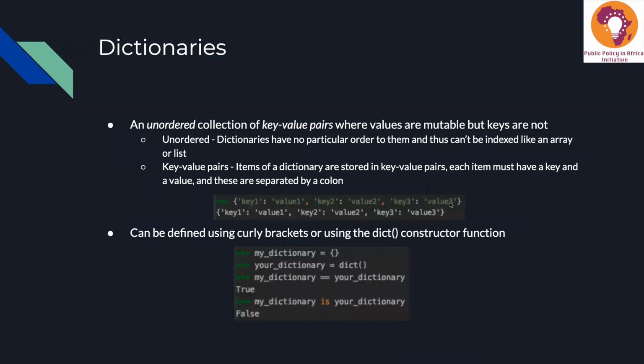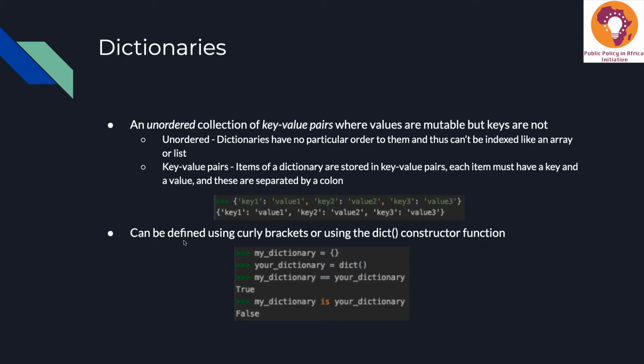Something you'll notice is that we're using curly brackets, and you might recognize that's something we used for sets as well. Sets also use curly brackets, but sets and dictionaries are distinct data types. The thing that really sets them apart is that the elements in a set are singular. They're not key value pairs like in a dictionary. In a dictionary, the elements are key value pairs.